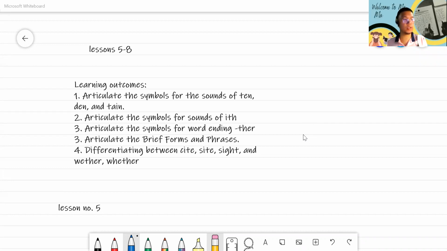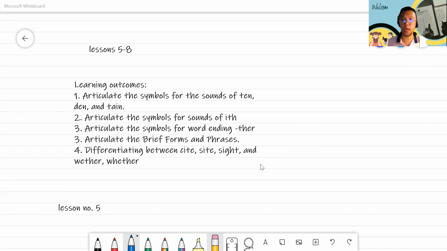So today we're going to discuss lesson number 5. Before we proceed with the lesson proper, let me read the learning outcomes. First, we're going to articulate the symbols for the sounds of ten, den, and tain. And of course, we're going to understand also the symbols for the sounds of eth.